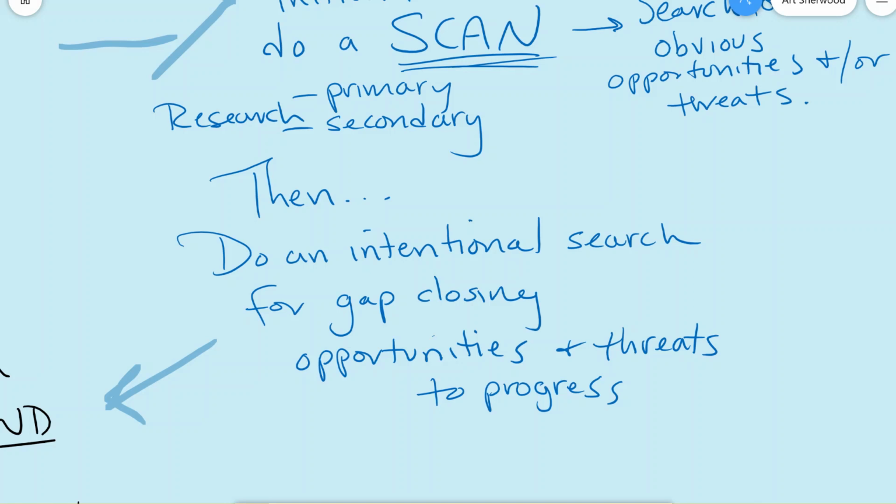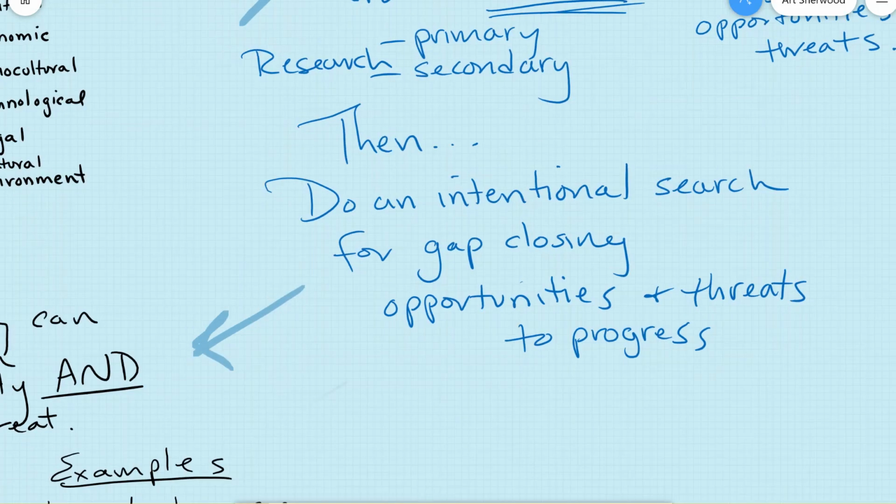And so you do the scan simultaneously with the internal analysis, and then once you've drawn conclusions about those, you're going to go out and see these different possible opportunities and threats and draw those in and conclude that those might be things that could help close the gap, and ultimately you'll make recommendations about which of those should be taken advantage of.